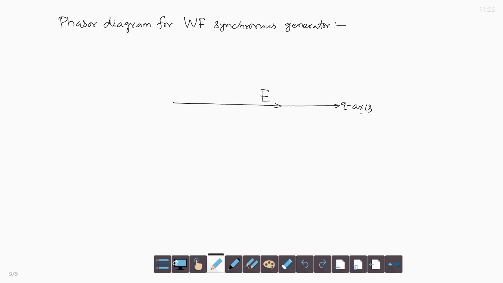Let us take a stator current like this, IS, and this is the IQS, and this is the IDS. This is the D axis.